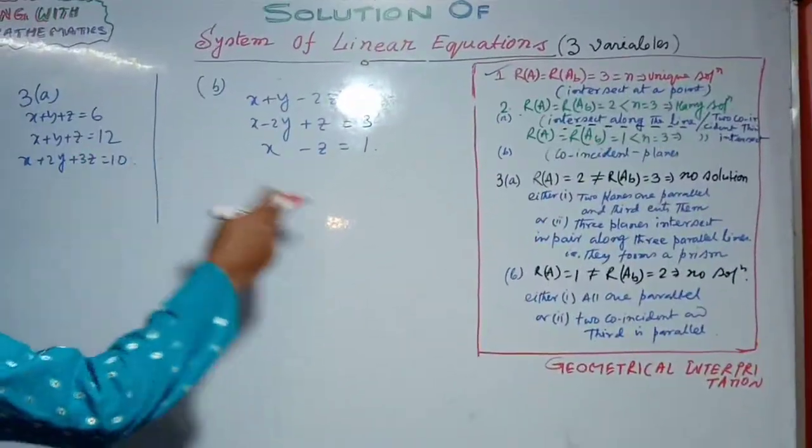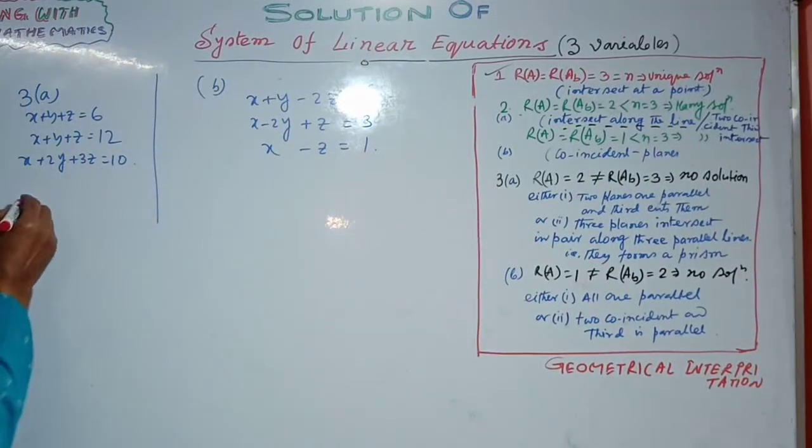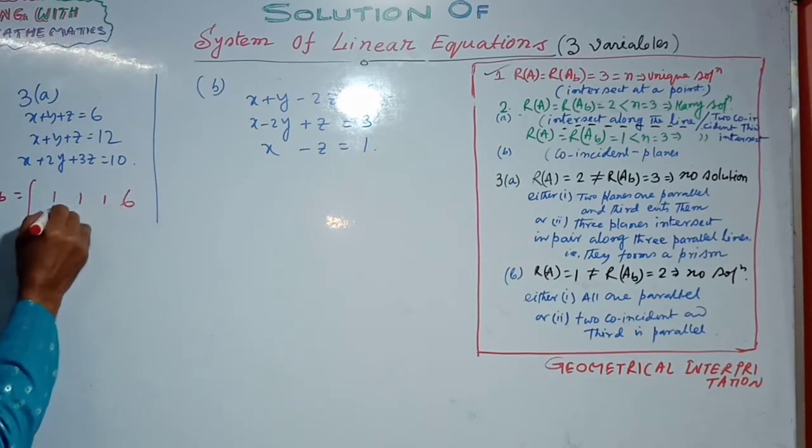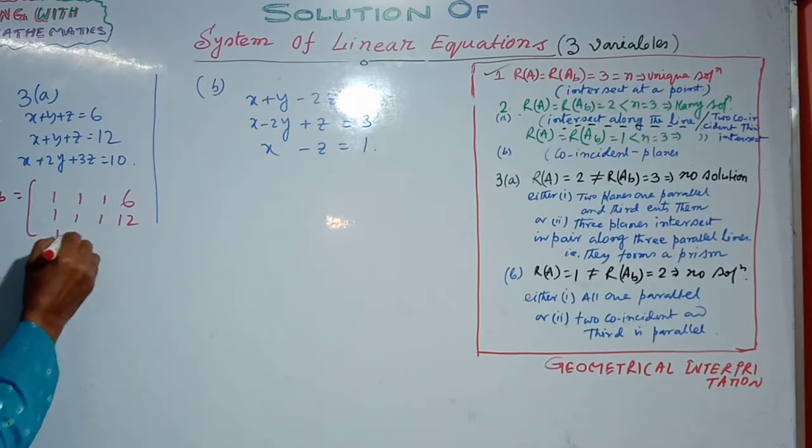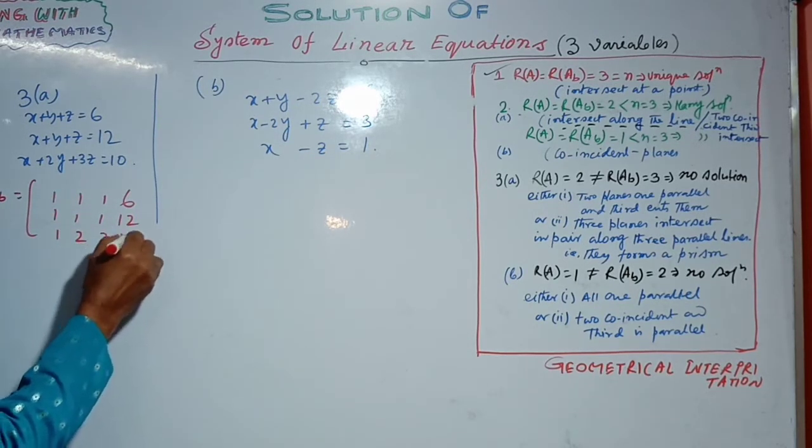Now I will discuss case 3. Here also the augmented matrix is 1 1 1 6, 1 1 1 12 and 1 2 3 10.